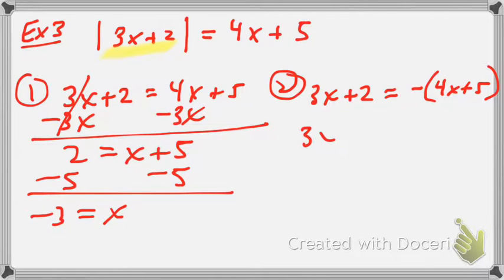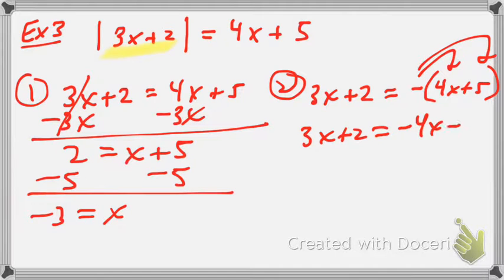Now here we have 3x plus 2 equals, now you're going to have to distribute this negative. So negative 4x minus 5. Alright, the negative 4x is smaller, so that's what I'm going to move. So I'm going to add 4x to both sides.